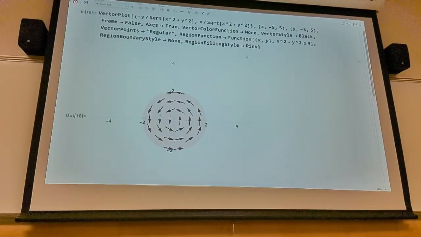But again, I don't know why Mathematica considers that to be pink. That's not pink. Where's my favorite website? Is it not here anymore? Yes, it is. There it is. Ooh, ultra pink.